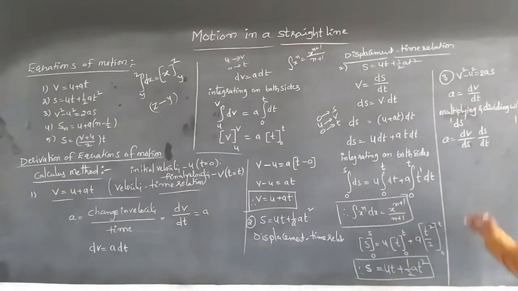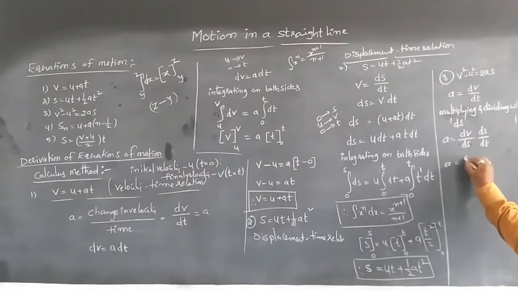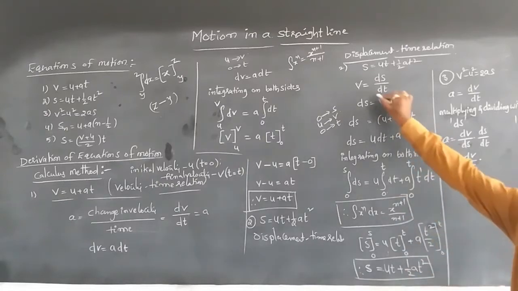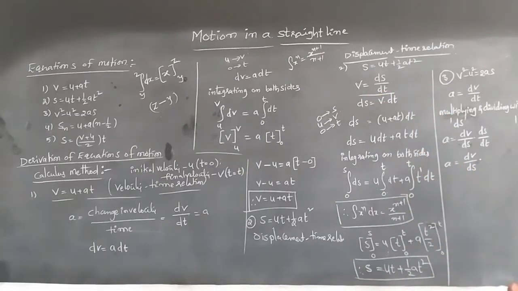So here a is equal to dv by ds into ds by dt. We know that ds by dt, the rate of change of displacement, is called velocity.